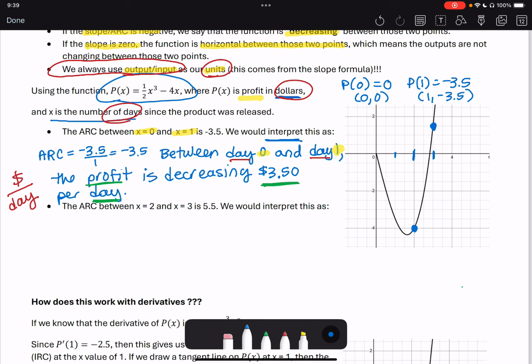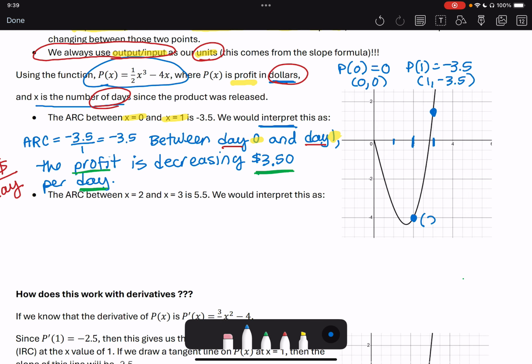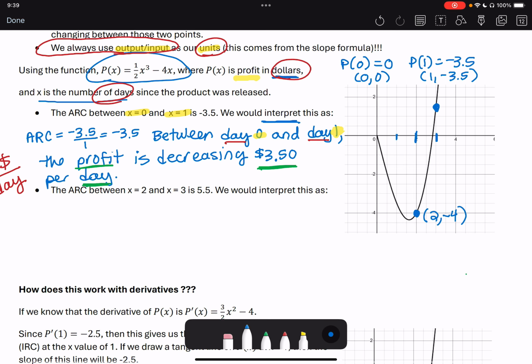So this point here is 2, -4. And this point right here is an input of 3. And you have to be careful with the scale here. This is a 1, so this would be a 1.5 right there.